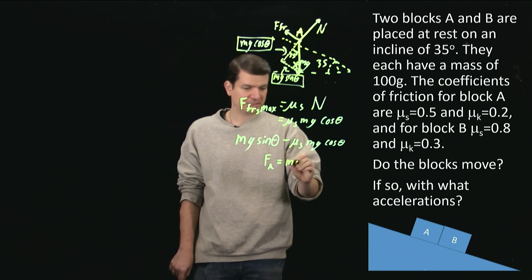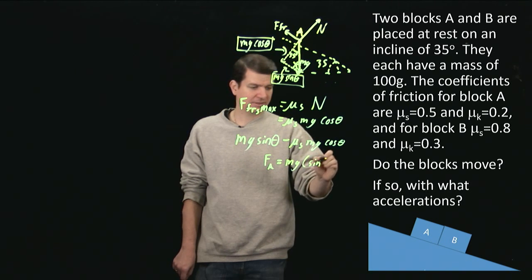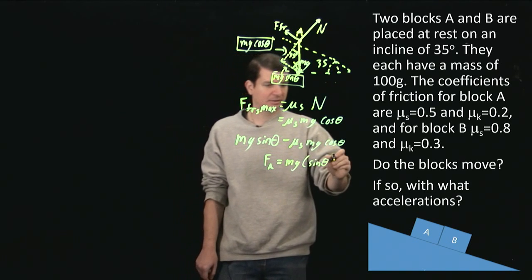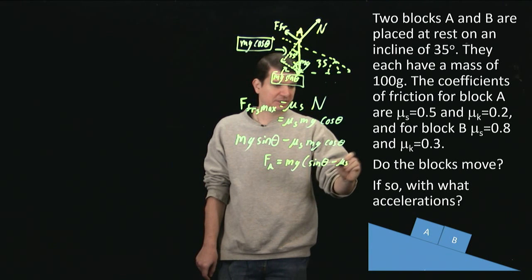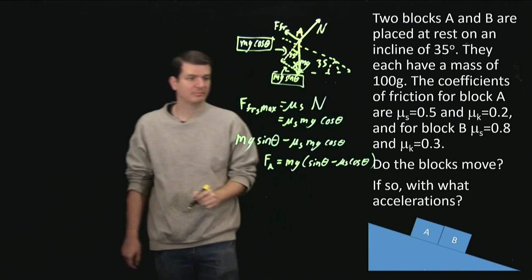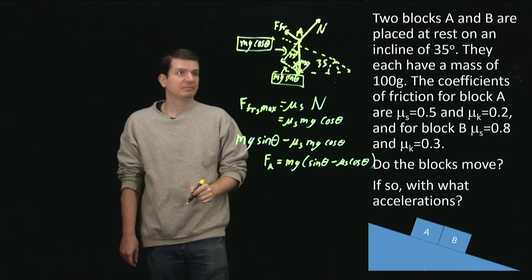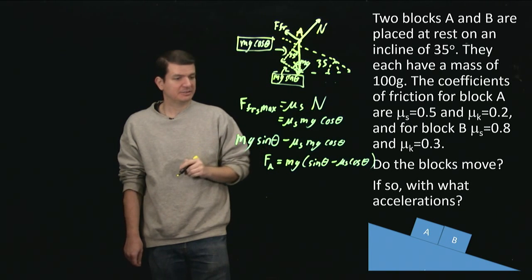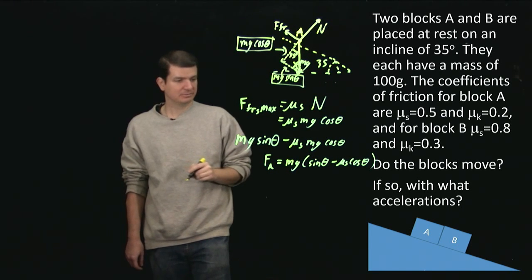Well, it's mg sine theta minus mu s mg cosine theta. Okay. Now, let's figure out what this value is.